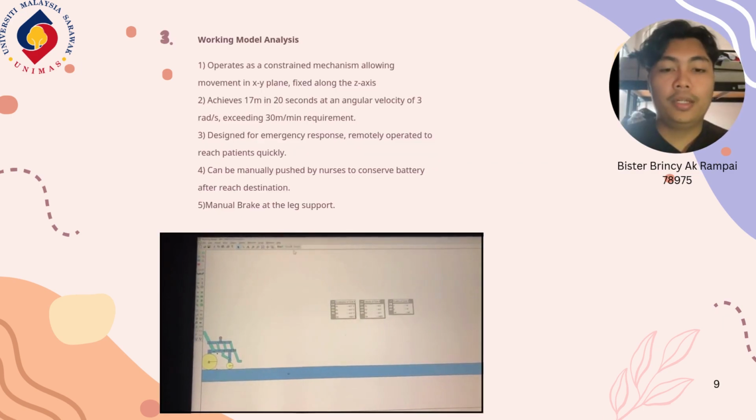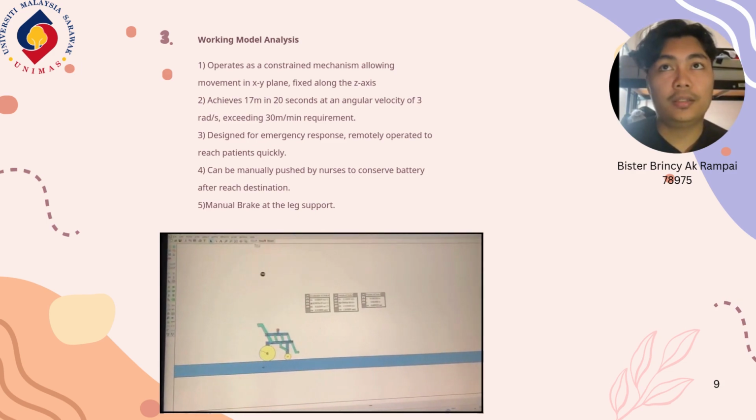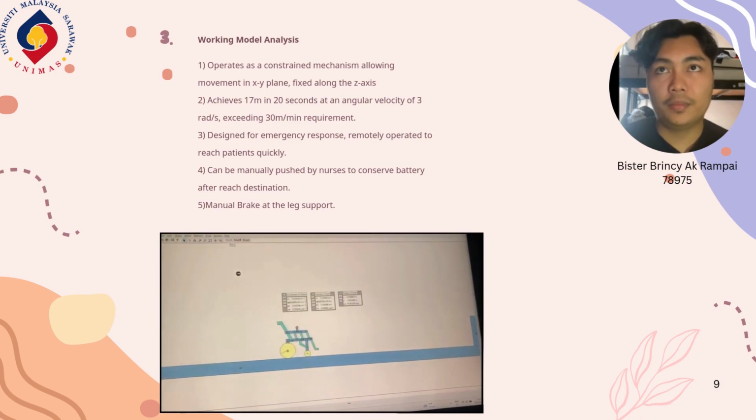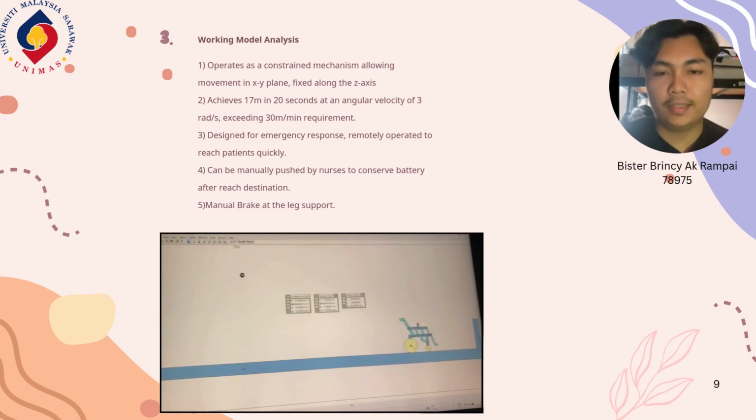Thirdly, for the working model analysis, we have five points. First, our wheelchair is intended to operate as a constraint mechanism, allowing movement in the X, Y plane and fixed along the Z axis.